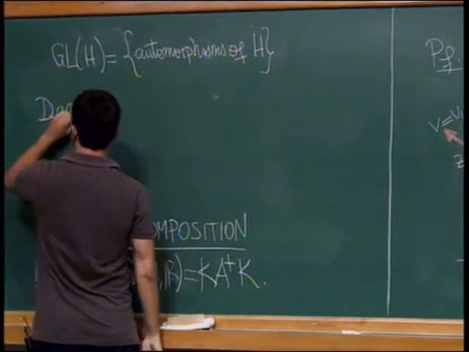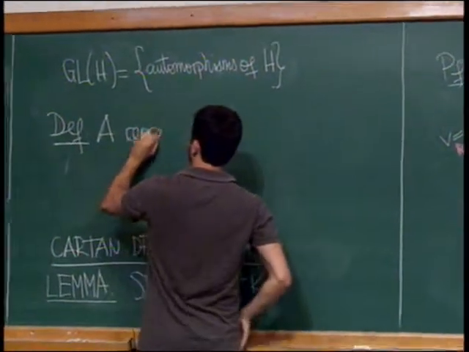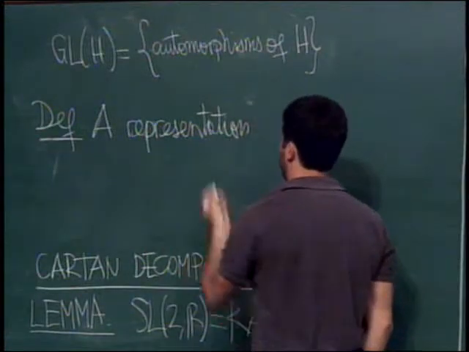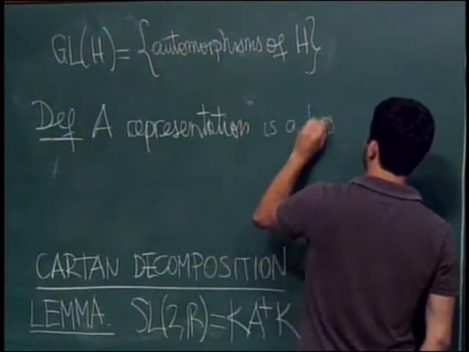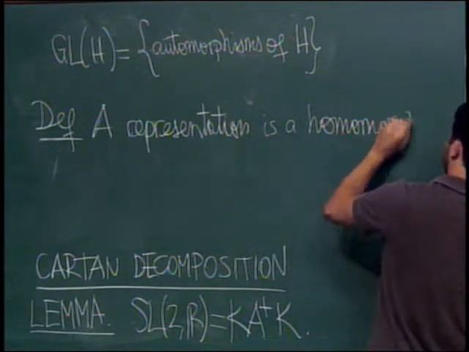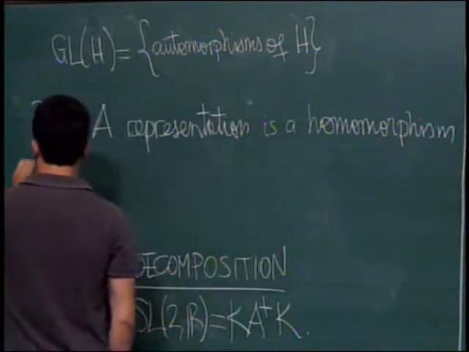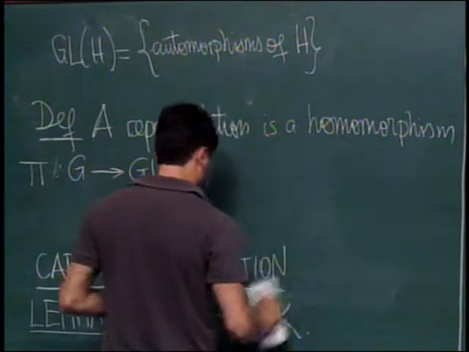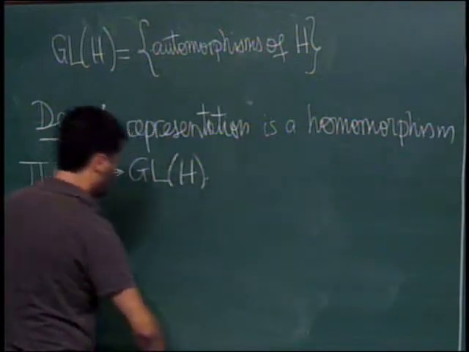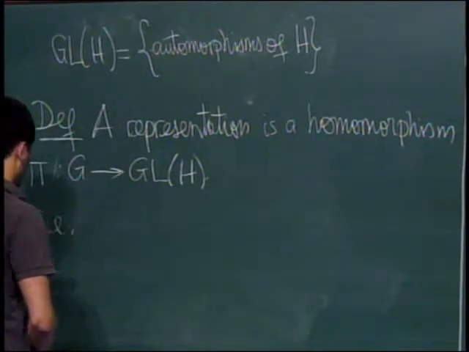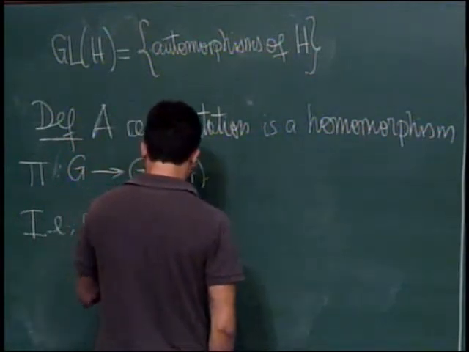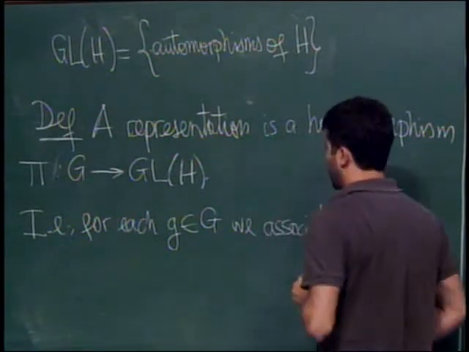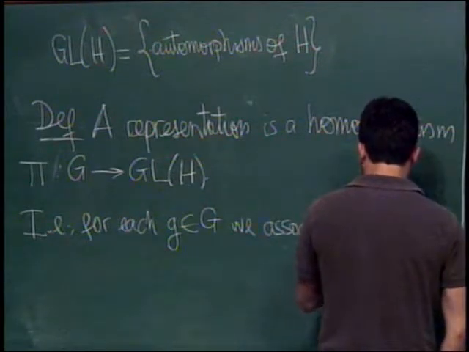So a representation of G on the Hilbert space H is a homomorphism pi going from G to GL of H. In other words, for each element of the group, we associate an automorphism of H, which I'm going to denote by pi of g.